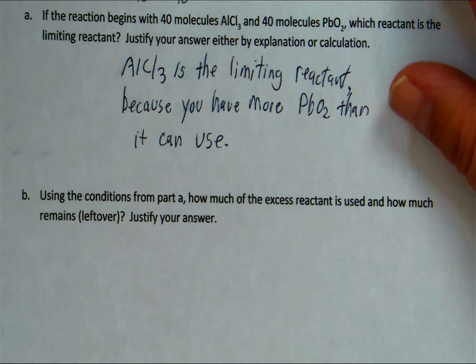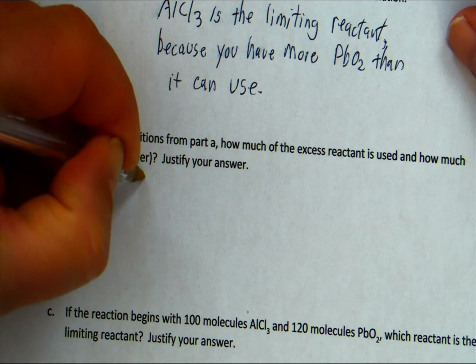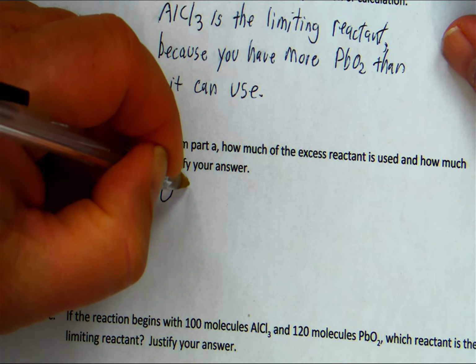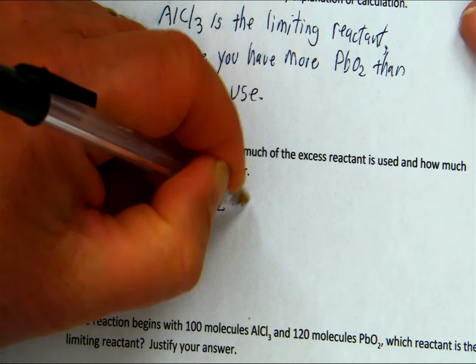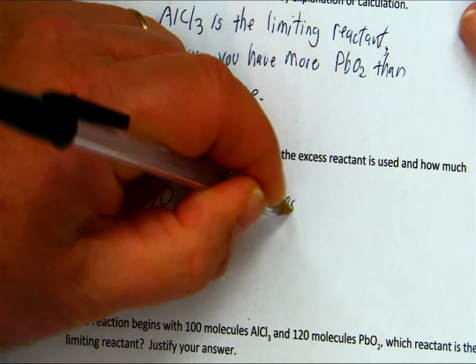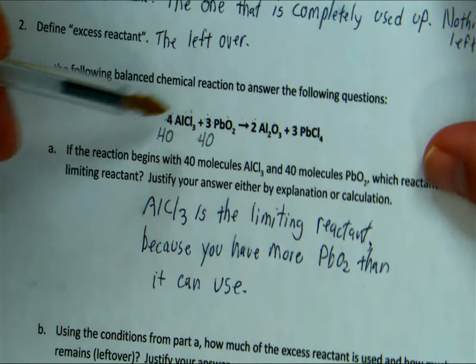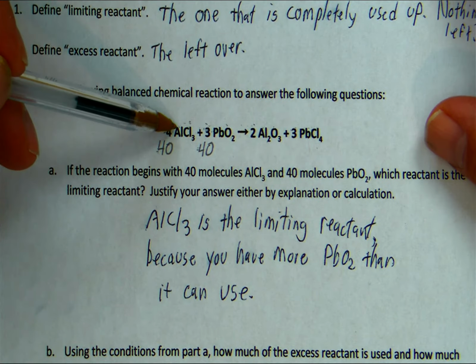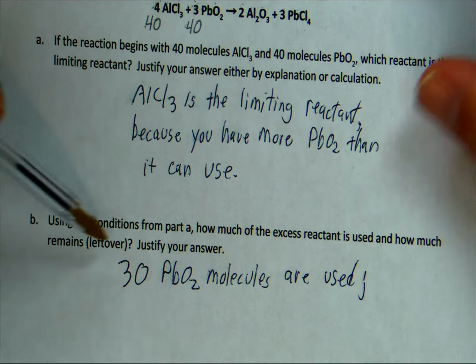So how much excess reactant is used? 30 PbO2 molecules are used by those 40 aluminum chloride molecules; semicolon, and how much remains left over?